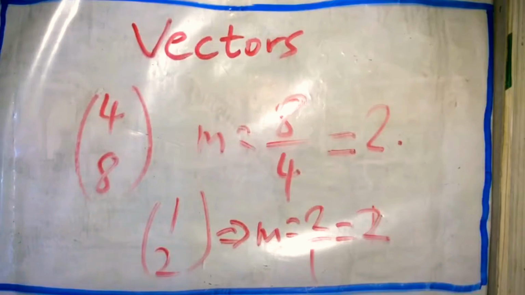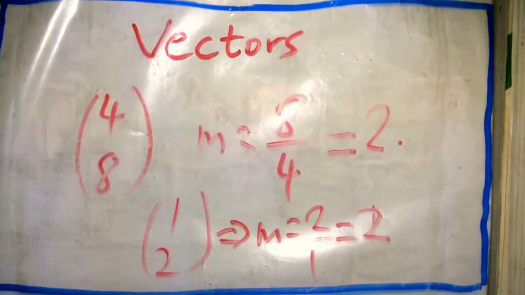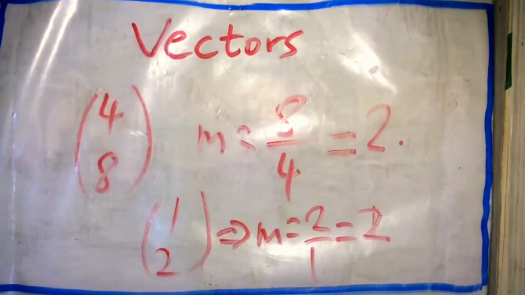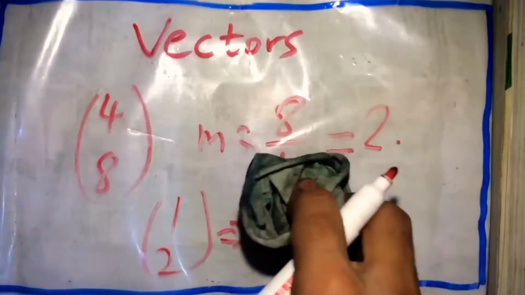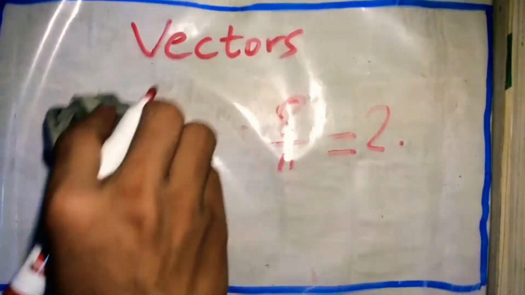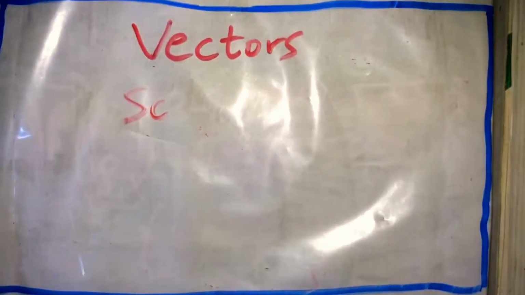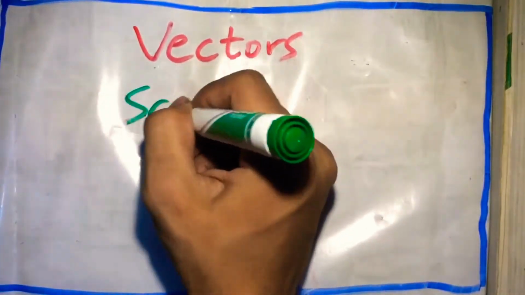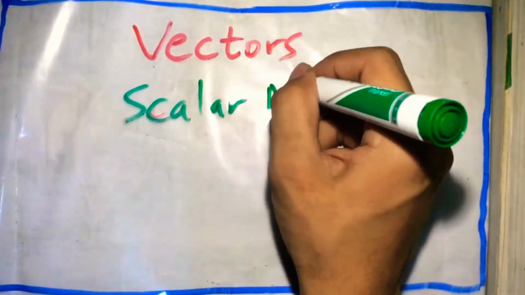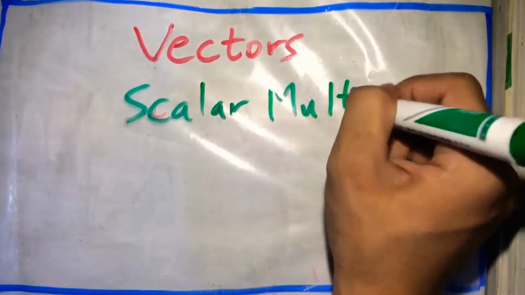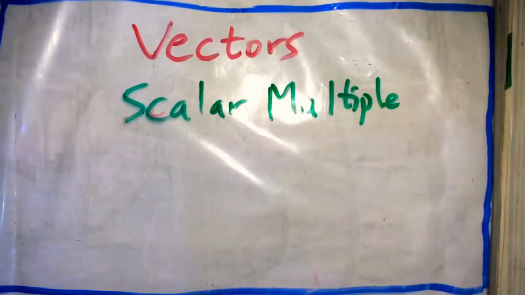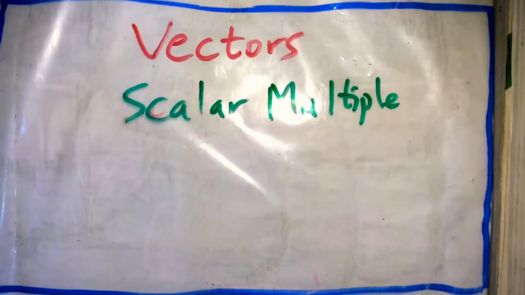Equal vectors are those that have both magnitude and direction equal. Scalar multiple is a scalar number, that means it does not have direction, which is multiplied to a vector to change its magnitude or direction.